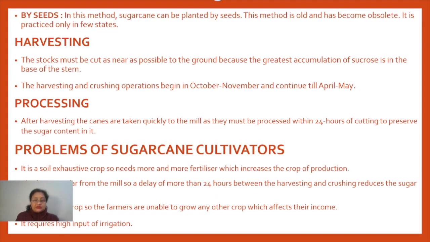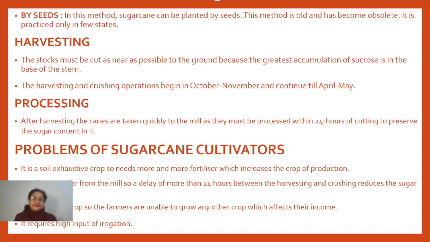And in the entire world, the total area under sugarcane is largest in India. That means the area covered by sugarcane crop is maximum in India. And production wise, India stands on the second position after Brazil. Production of sugarcane is maximum from Brazil, and number 2 is India.